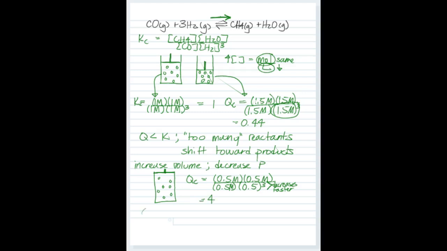So now Q is larger than K, which means there are too many products. Okay, and therefore it will shift toward reactants, this way.